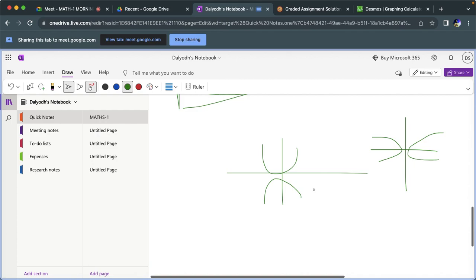I hope everybody is comfortable with the topics of relations and functions, right? Which of the following are functions? Just tell me that only.